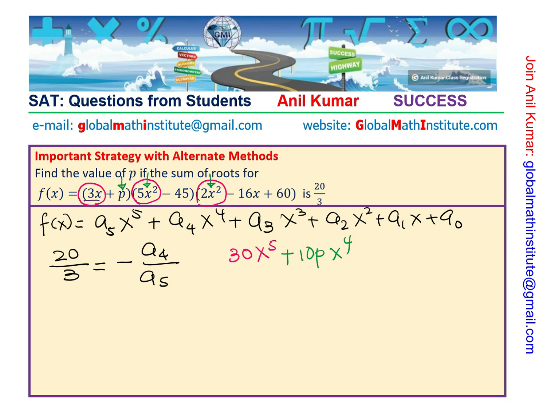What could be the other way of doing it? The other way could be I could multiply minus 16 with 5x squared and 3x. So that is the other way. So I could write this as minus 16 times 5 times 3. Or 5 times 3 is 15, 15 times minus 16, which is 240 negative.